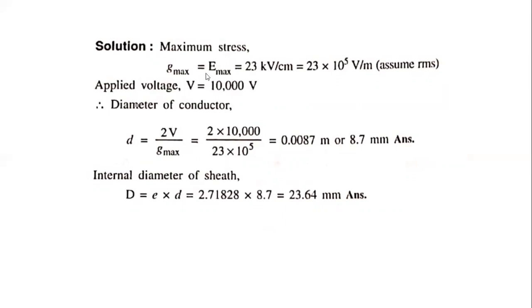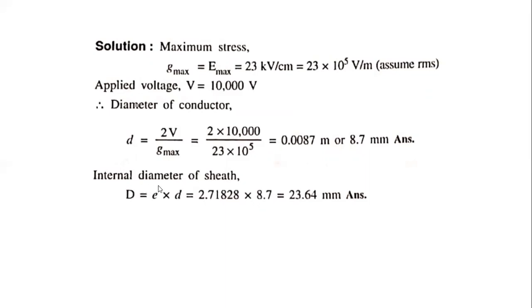Here we substitute V, the applied voltage, and G max, the maximum stress. Next we calculate the internal diameter of the sheath, that is D. Therefore D is equal to e into d, where e is the fixed value 2.71828 and small d is 8.7.